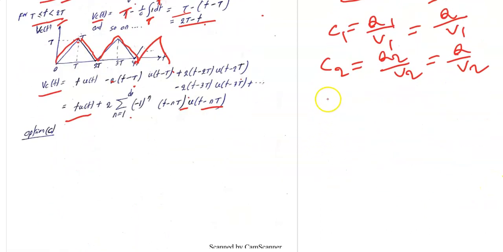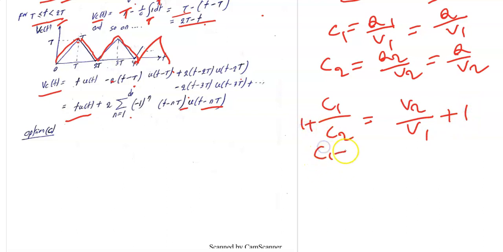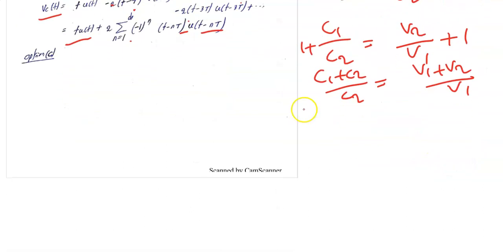Right? So dividing both the equations, C1 upon C2 will be V2 upon V1. Add 1 on both sides, so (C1 plus C2) upon C2 equals (V1 plus V2) upon V1. Then what is this V1 plus V2?